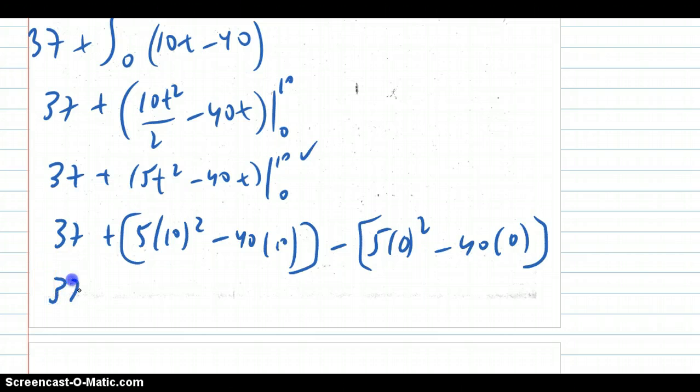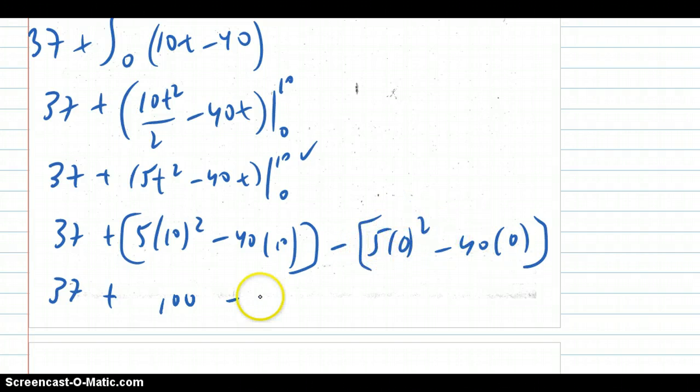So we get 37 plus 10 squared. What's 10 times 10? 100. Times 5? 500. 500 minus 400, so that first parentheses is going to end up being 100. Minus 0 squared times 5, that's nothing.